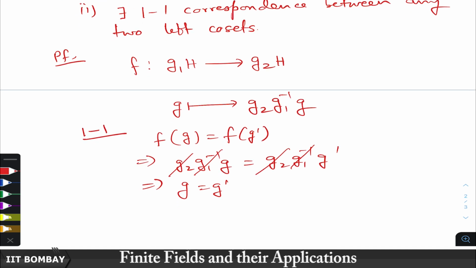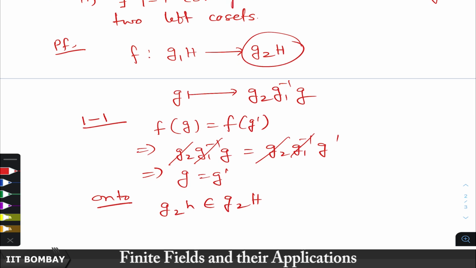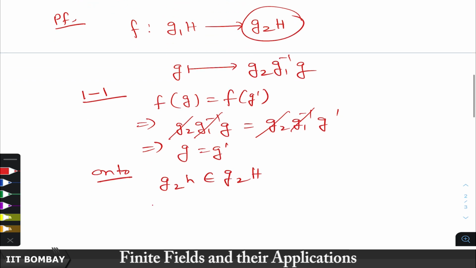Now, onto is also very simple. You take any element on the right hand side here, and it is of the form G 2 H. Take any G 2 H, and then we can write this as G 2 H is equal to G 2 G 1 inverse G 1 H. So, this is the identity element, we are just inserting it here, it does not change the value.